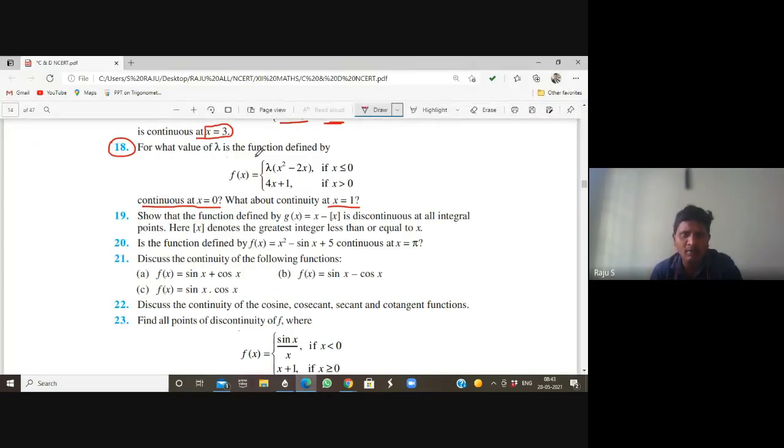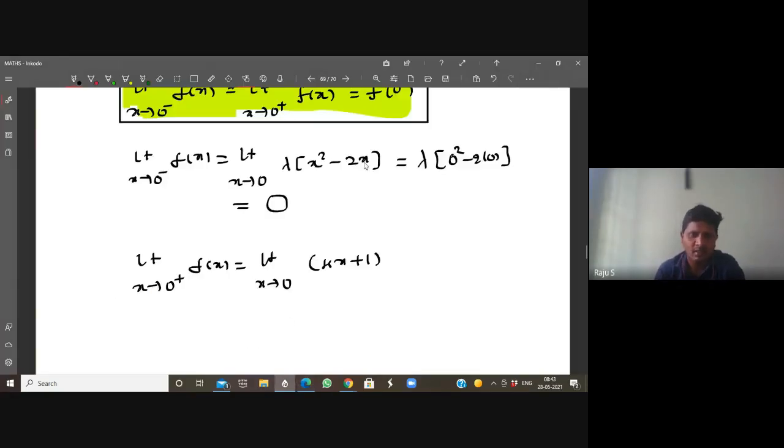For what value of lambda is the function defined continuous at x equal to 0? Okay. So the right hand limit here we got as 4 into 0 plus 1, then clearly it is equal to 1.